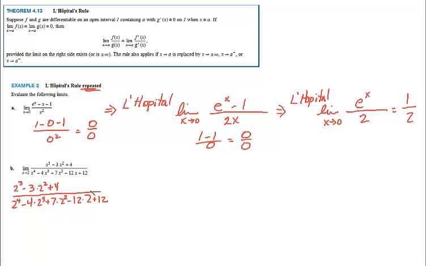Crunch those numbers on your calculator and you will find that this is in the form 0 over 0, which means I can now use L'Hopital's rule.